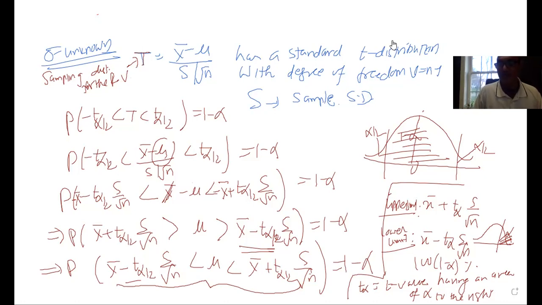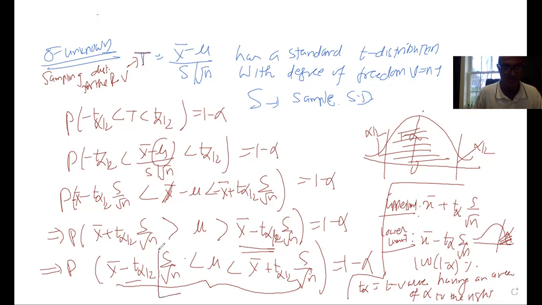X bar, let me just save this one. So X bar plus or minus T alpha by 2 S over square root of N, right? That is equal to X bar plus or minus T alpha by 2 and the standard error of X bar.